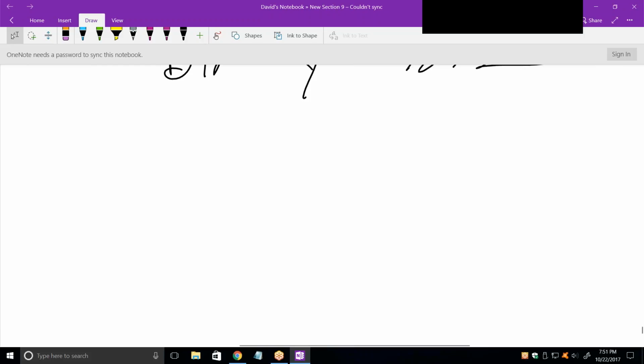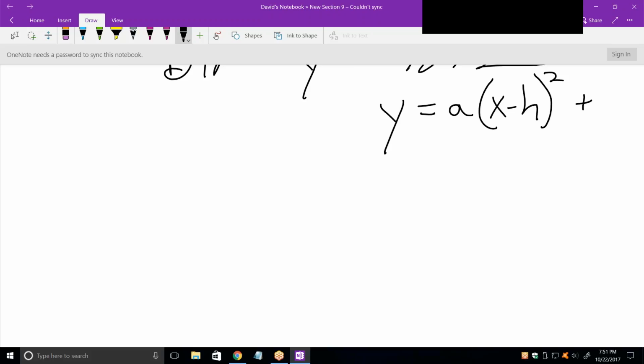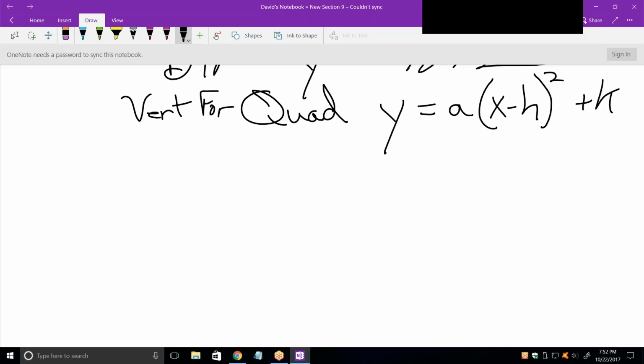Vertex format of a parabola used to be this. Still is that. Just a different format. Okay? That's a normal quadratic vertex format. And the reason it's called vertex format is because we know the vertex. H and K are the vertex.